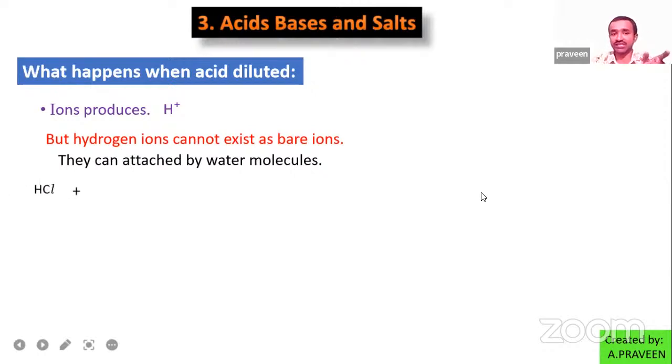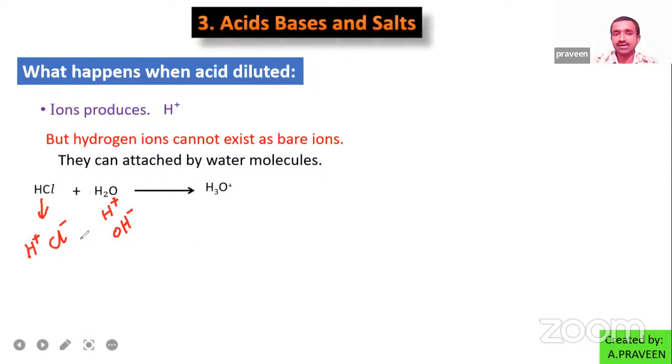So here HCl we added into the water. When HCl is added into the water, they can produce H plus ions, right? But that H plus immediately combines with water. They give you partially H plus ions and Cl minus ions. This H2O also can give you H plus and OH minus ions.